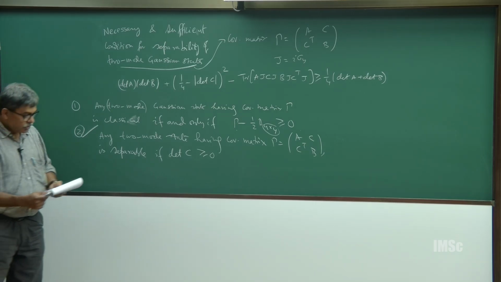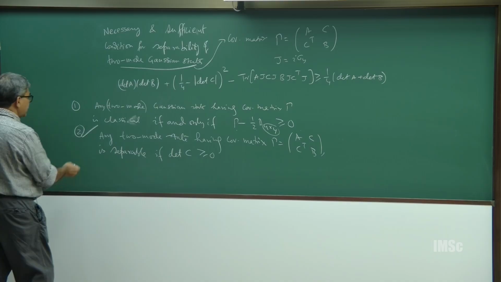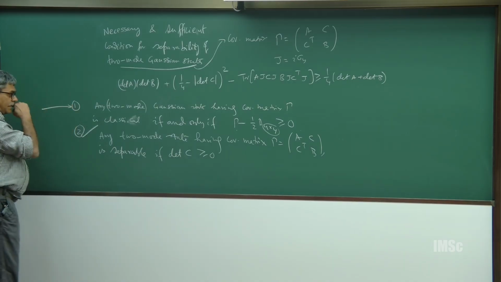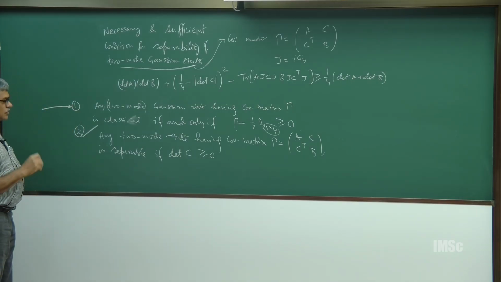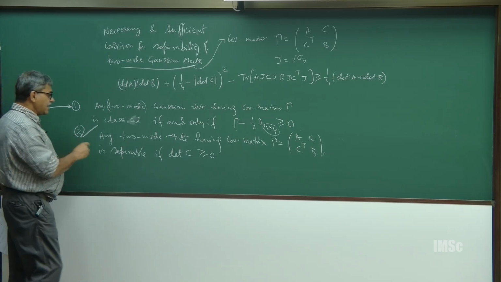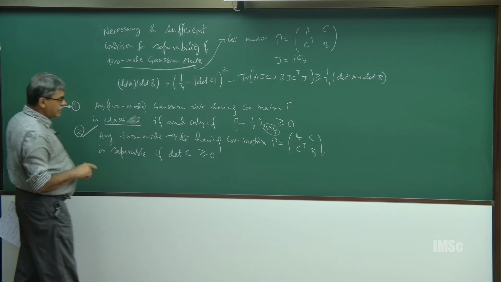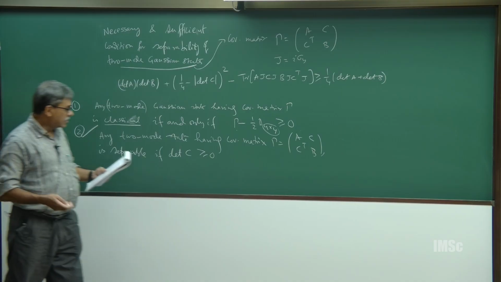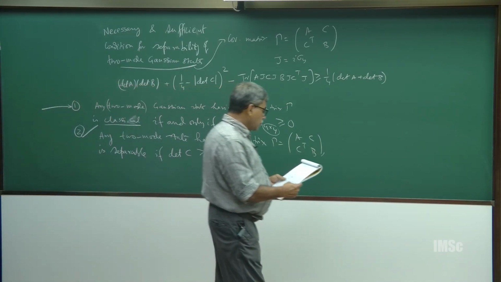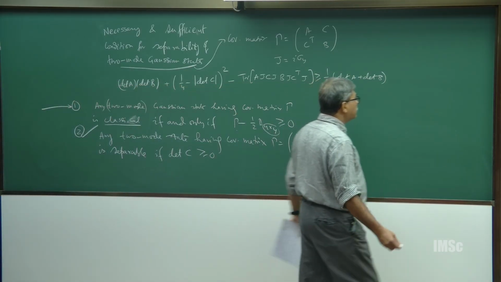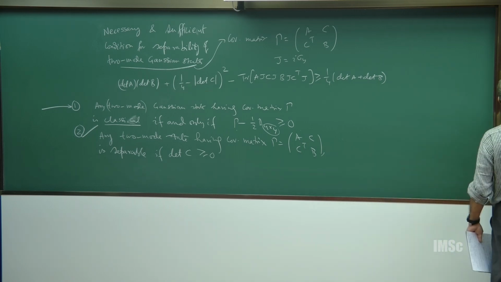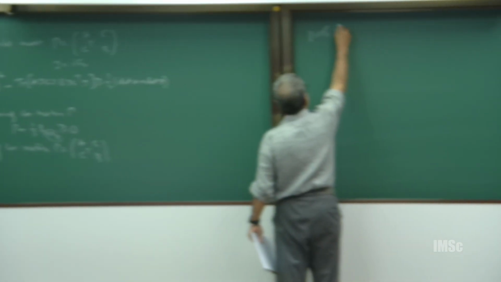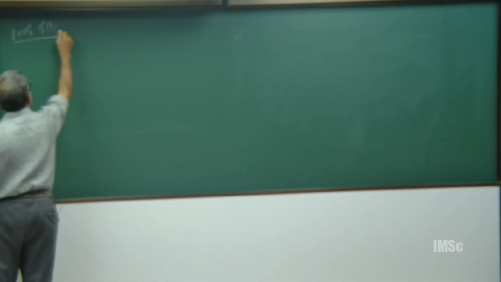Yes. So, this is what I am going to prove now. Okay. So, any two mode Gaussian state having covariance matrix gamma is classical in the quantum optical sense if and only if this is the case. Okay. Right. So, let me do the proof of 1. Okay.